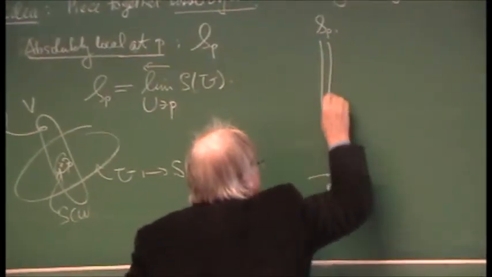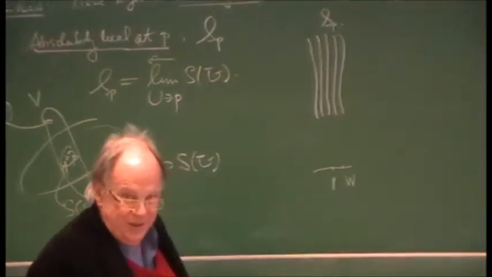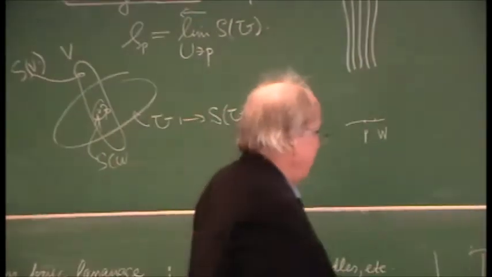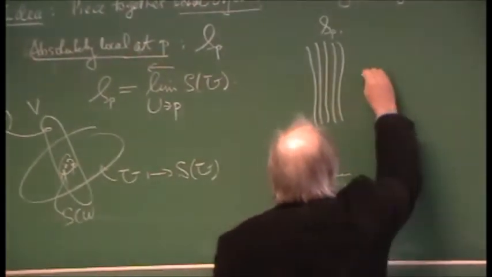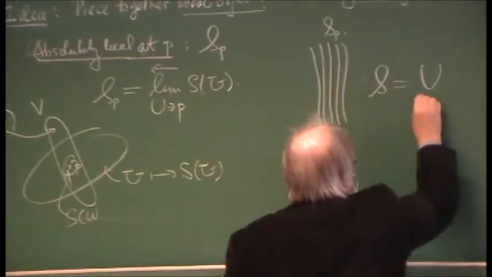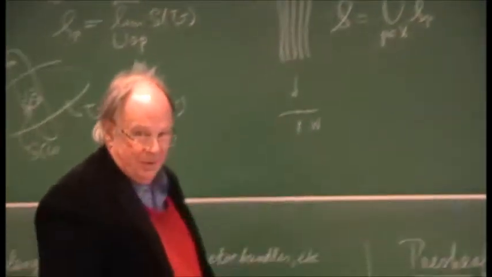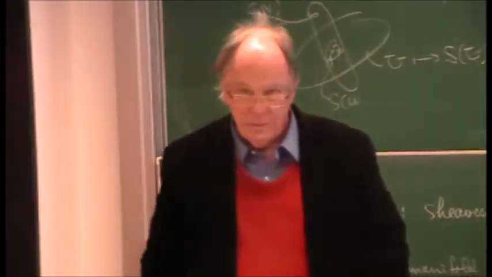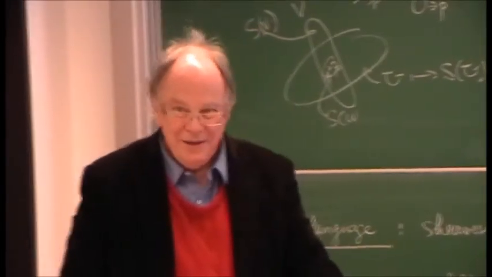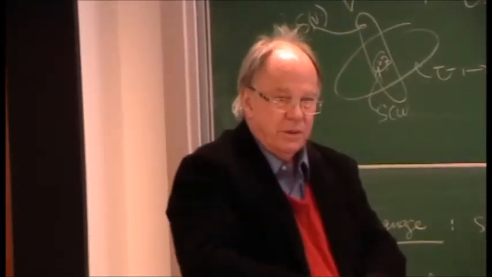Nearby you have germs, nearby you have germs, nearby you have germs. You have the union of germs. So the sheaf space itself, S, is the union over all P in X of the germs. At each point, it's completely formal, don't try to get excited about it yet. At each point, you hook in there these germs.